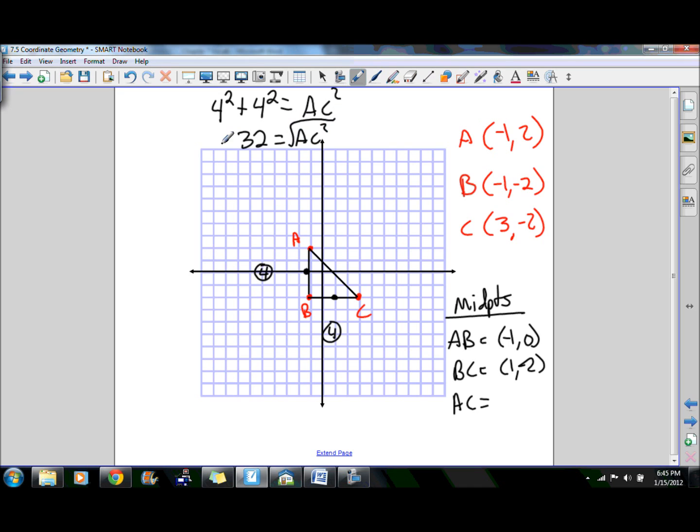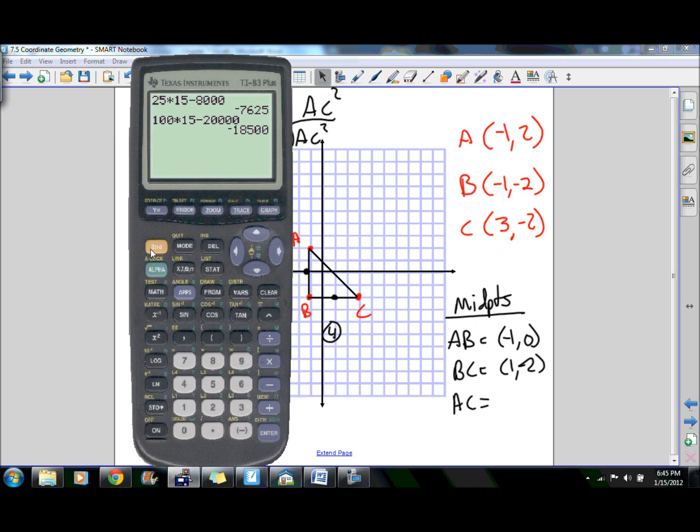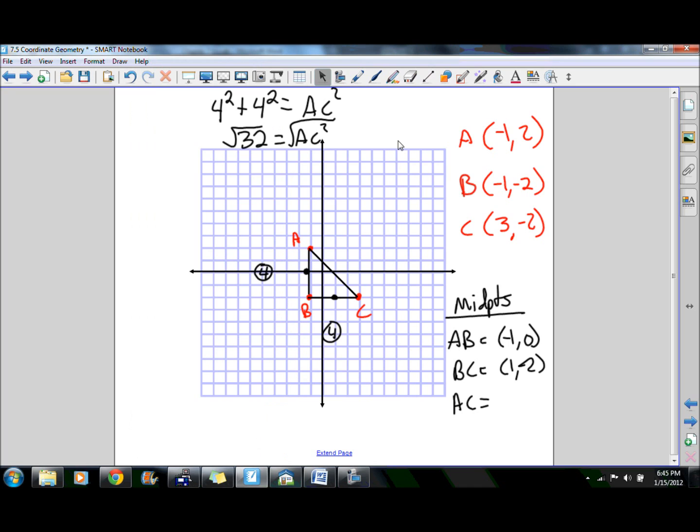So we have to square root both sides. And the square root of 32 is not something that I can do mentally. Square root of 32, close the parentheses, we'll round to 1 decimal place, is about 5.7. Alrighty, so now we have a triangle that is a 4, 4, 5.7 triangle, and we need to classify what type of triangle this is.